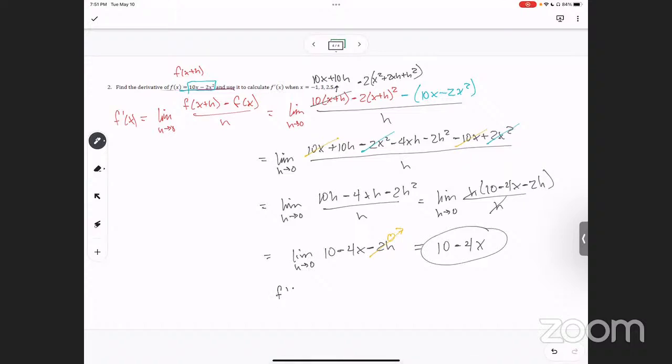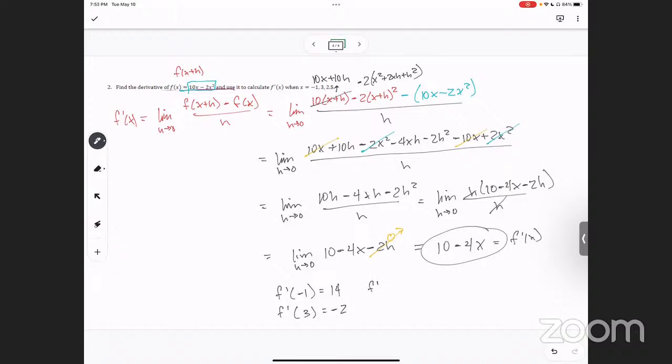So what's f prime of -1? This is your f prime of x. It's just 14. Negative becomes a positive, so it's 14. What's f prime of 3? It's going to be -2. Good.